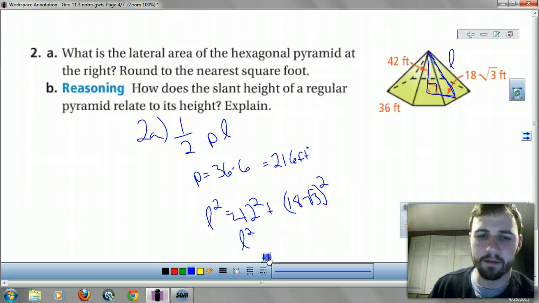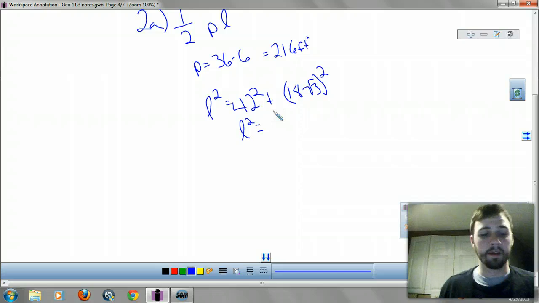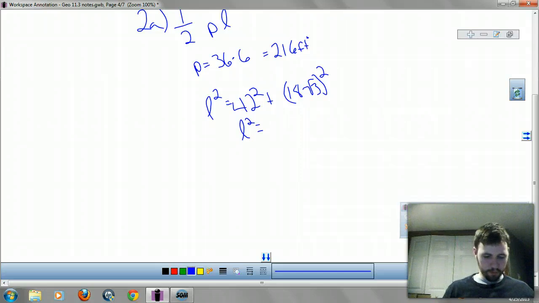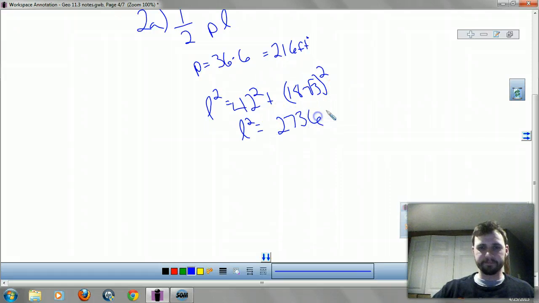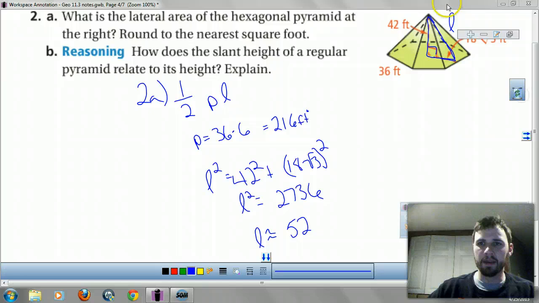So L squared equals 2736. Square root both sides. And L is approximately 52. Okay.